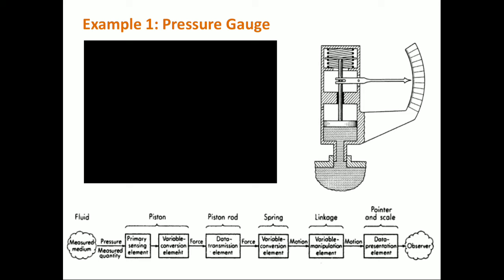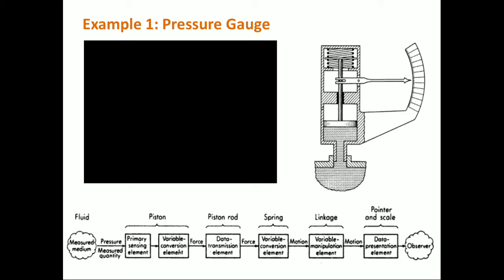The piston will move upward or downward, and the top spring will control the movement of the piston, and based on the spring factor of that spring, there will be a corresponding movement of the piston.